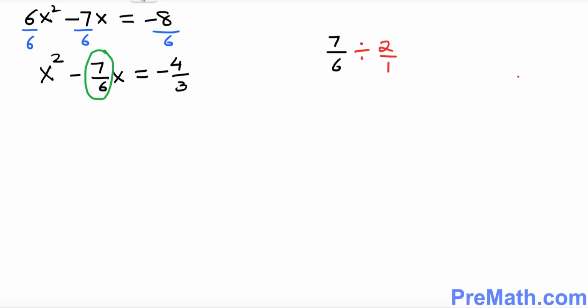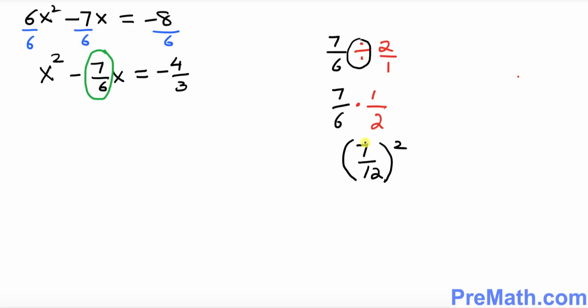Then we convert the division sign into multiplication, so you flip this over and it becomes the reciprocal, 1 over 2. That gives you 7 over 12.